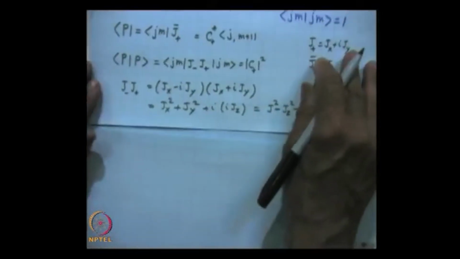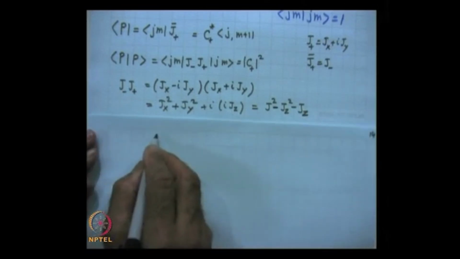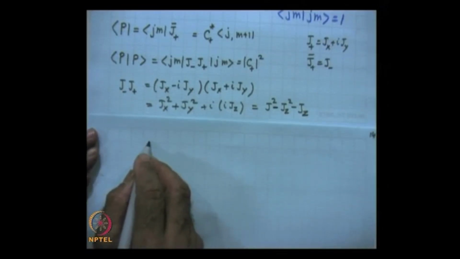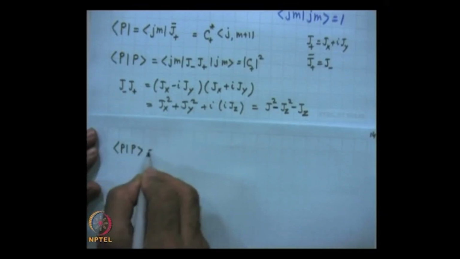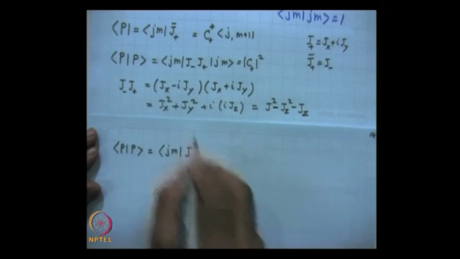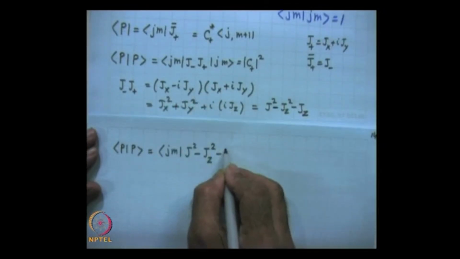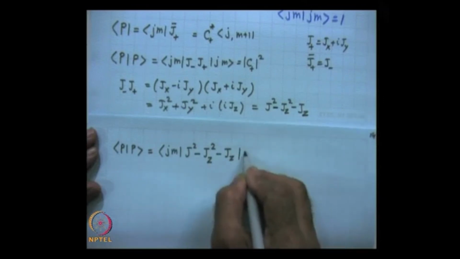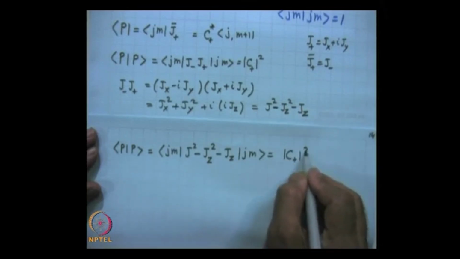We have therefore bra p ket p is therefore bra jm, J minus J plus, which is J square minus Jz square minus Jz, operating on ket jm, and this is equal to mod C plus square.